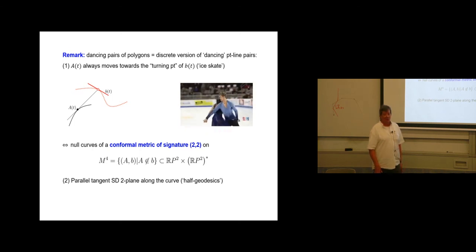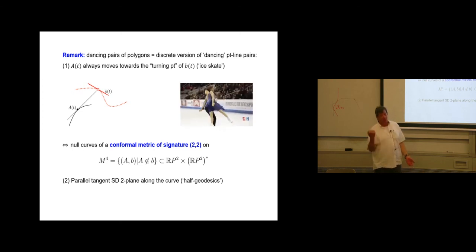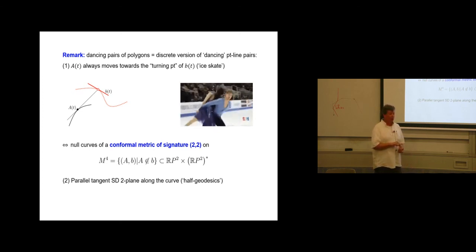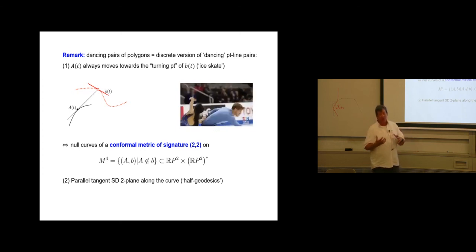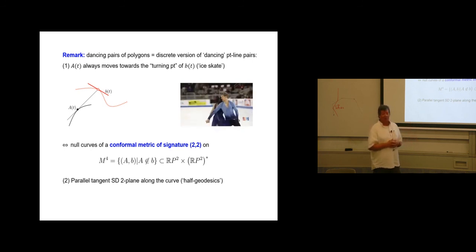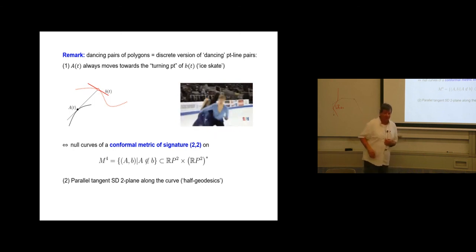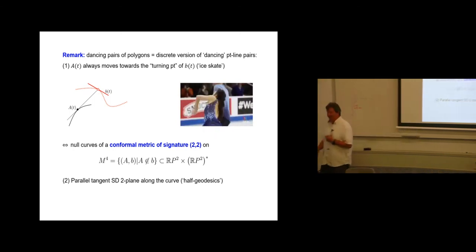You can draw a line as a line in the projective plane or a point in the dual one. You can draw a point in the projective plane as a line in the dual one. So if you transform it to the dual picture, it looks exactly the same. The condition is exactly the same. So I think that's what you meant by symmetric, no? Okay, so the answer is yes. It's symmetric.